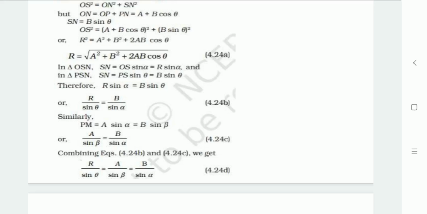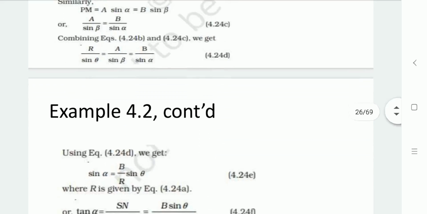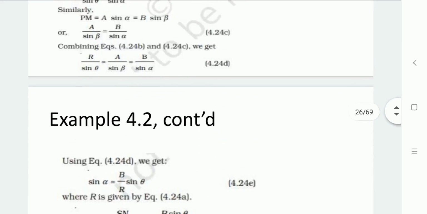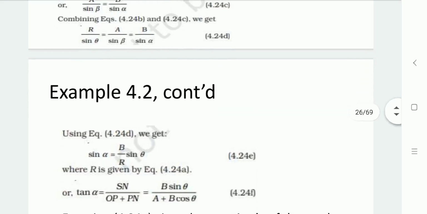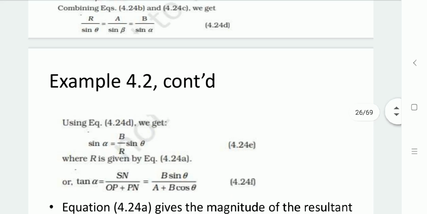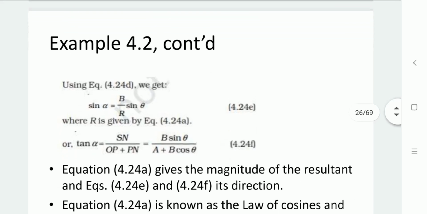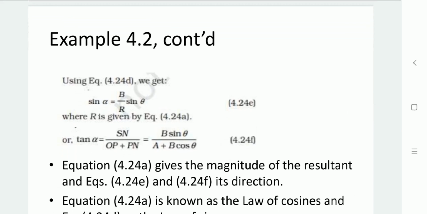So all these three values will be equated. So here, from 4.24b, we can say that sin alpha equals B upon R sin theta. And the R value we take from its magnitude.